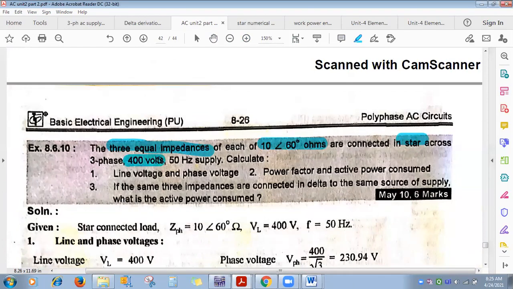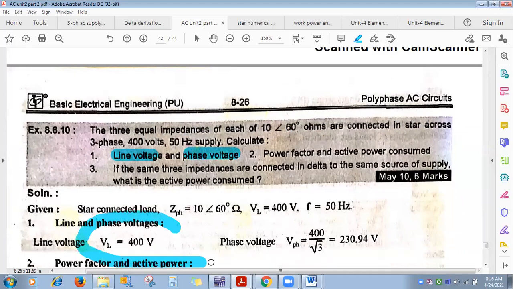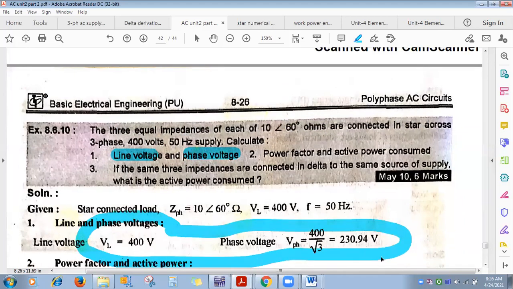A 3-phase 400 volt line voltage RMS value, 50 hertz supply. Line voltage and phase voltage you have been asked to calculate. So what will be the line voltage here? 400 volts. Correct, 400 volt. And then if you get asked to calculate VPH, then 400 divided by root 3 will be VPH, because it's a star connection.